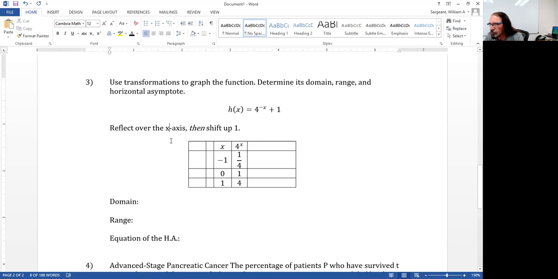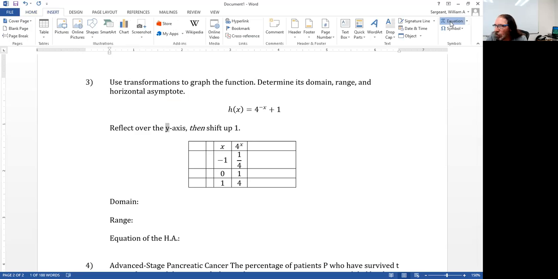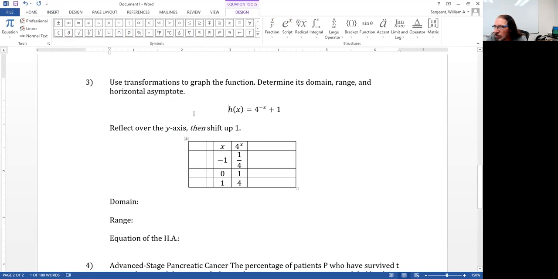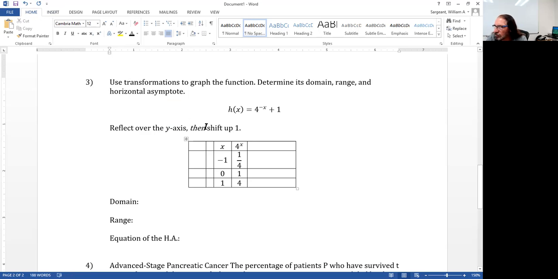So it's going to reflect over the y-axis there. Now, we've already graphed y equals 4 to the x in 2 of the earlier videos. And so we know we need to put in these 3 special values of x.